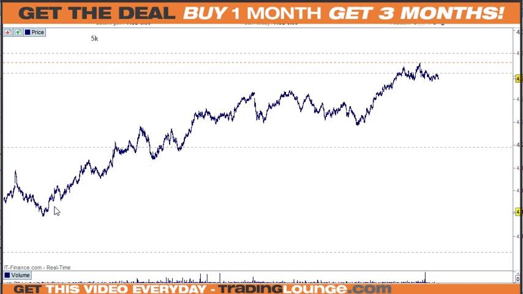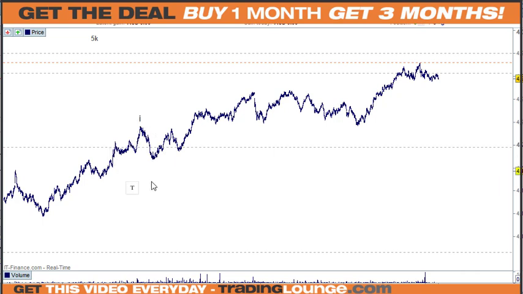So we can look at all of that as wave 1 and 2 here, and then 1 and 2 and 3, a nice sideways move for 4 here. So 1, 2, 3, 4, 5 here, then an A wave, a B wave, and a C wave here for wave 4.